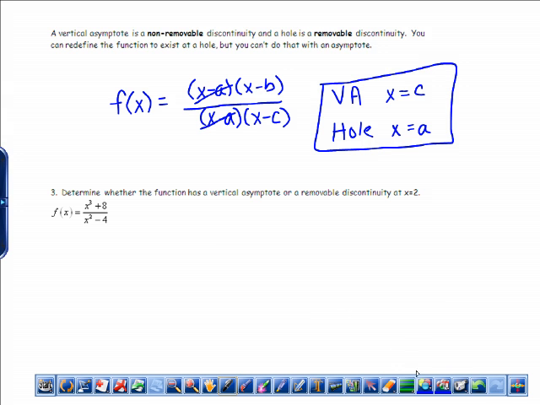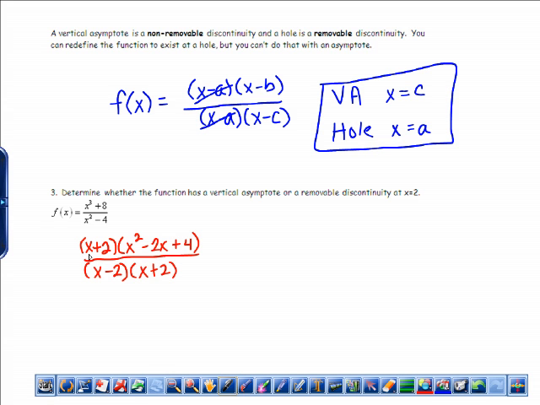Okay, so now let's do this with an actual problem, with numbers and everything. So I'm going to have to factor. I have in the numerator x plus 2 times x squared minus 2x plus 4, and in the denominator, I have x minus 2, x plus 2.